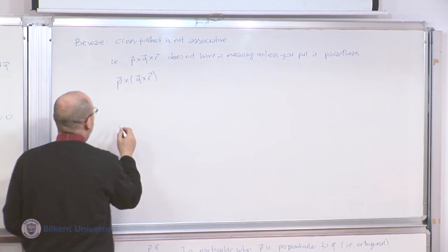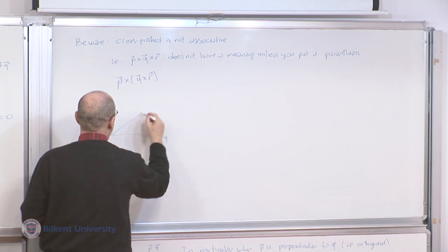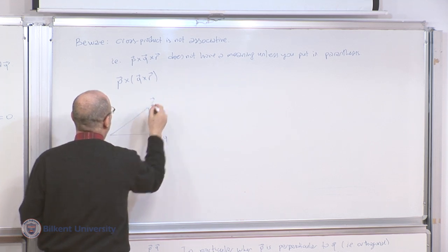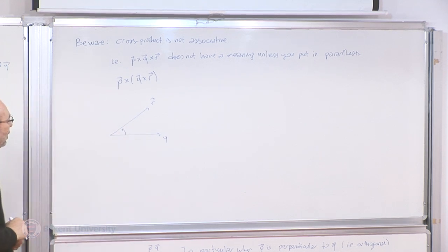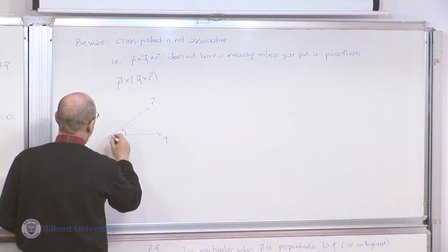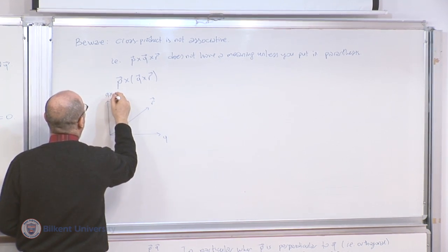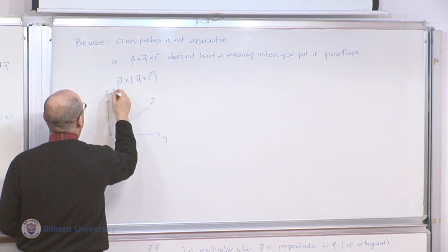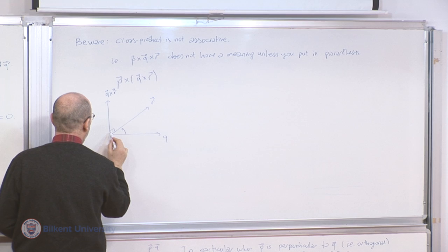Okay, so let's see what this is. Let's say this is Q and say this is R. We are going in this direction to do the right-hand rule. So assume that maybe this is Q cross R. It is perpendicular both to this one and to this one.